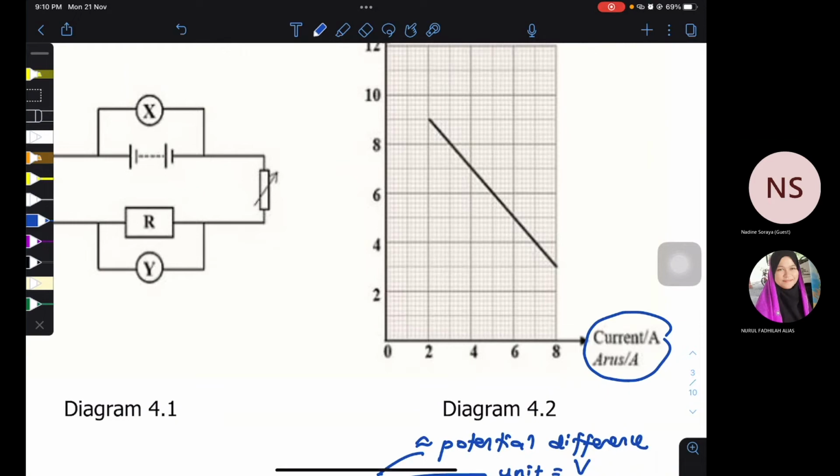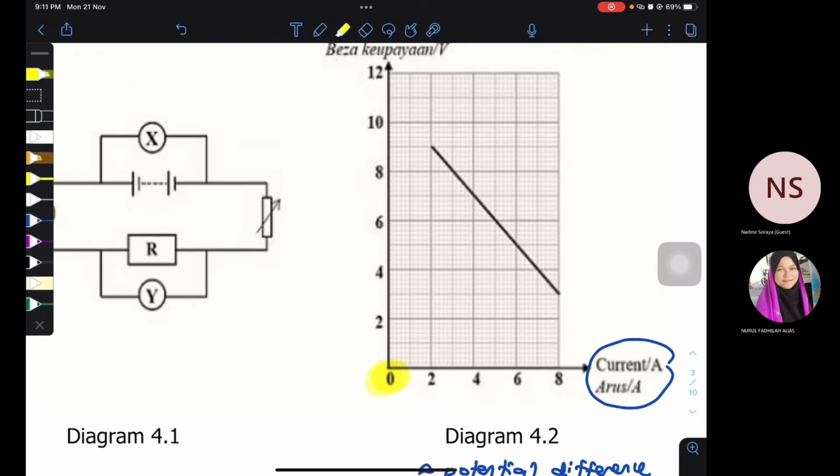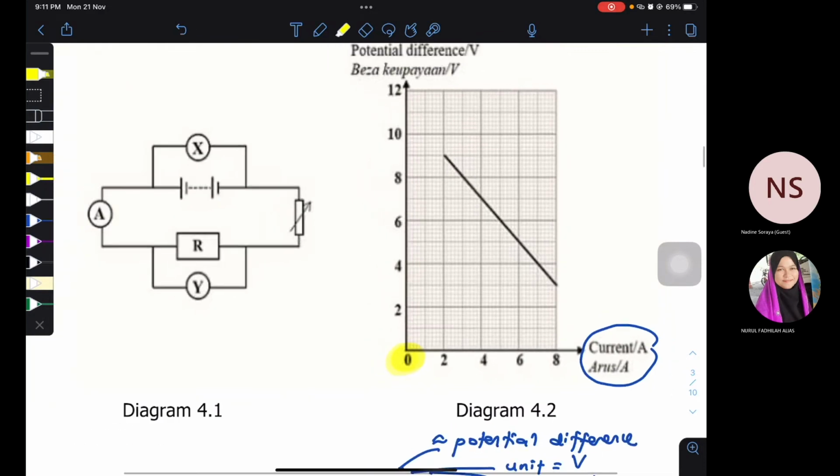Ini konsep. Sambil-sambil saya cakap tu, boleh tengok baliklah. Recall. So, current is 0. Kat mana dalam graph current 0? So, this one. So, when current is 0, you will notice if you place your voltmeter here, it means you place your voltmeter across, opposite to, ataupun in parallel to the dry cell ataupun battery.